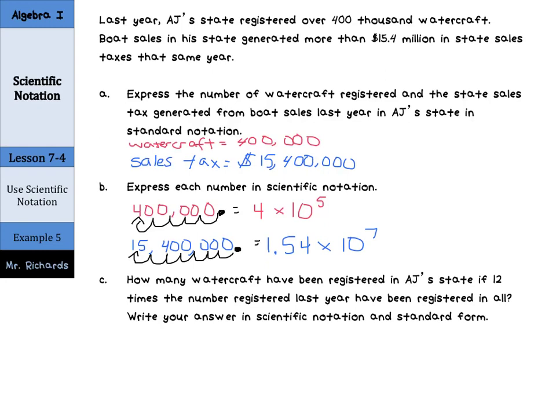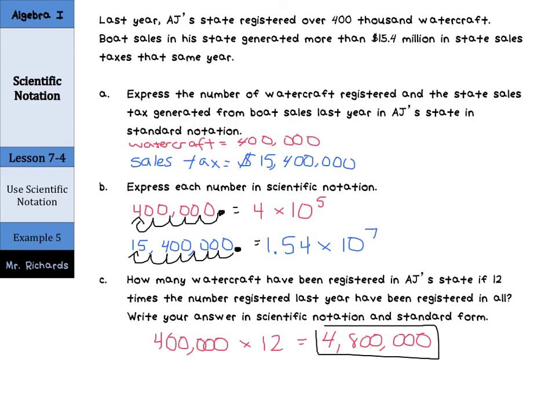How many watercraft have been registered in AJ's state if 12 times the number registered last year have been registered in all? Write your answer in scientific notation and standard form. Now in this case, I think it's easier to take our number in standard notation, which would have been our 400,000, and multiply that by 12. Because that will get us 4,800,000. And of course that now already is in standard notation, which is part of the answer.